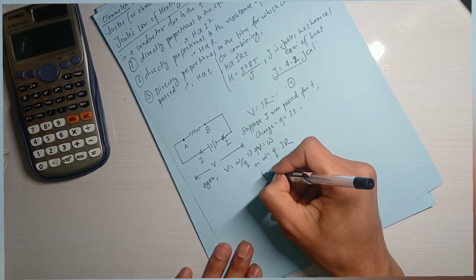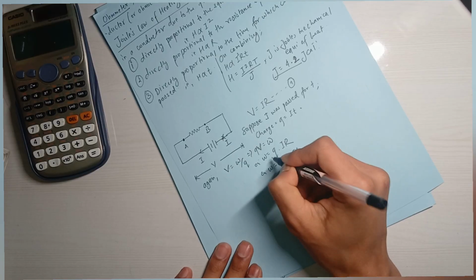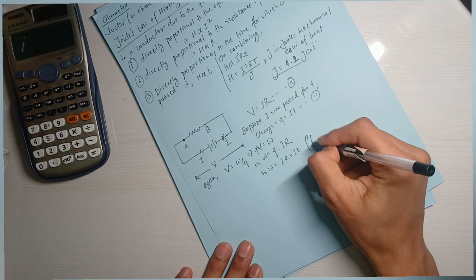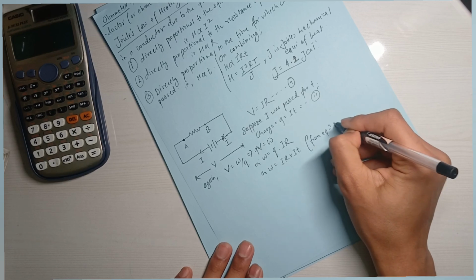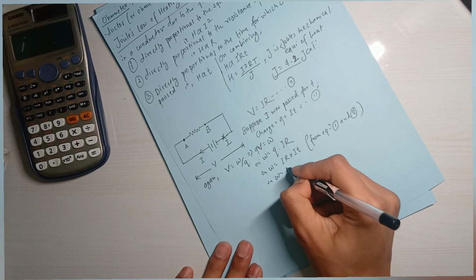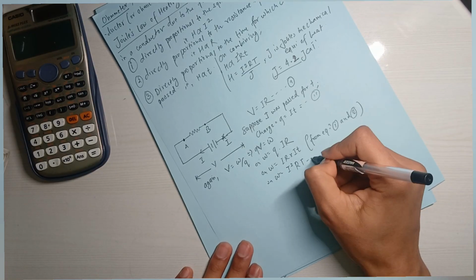Again, W equals IR into It, that is q, from equation 2. From equations 1 and 2, W equals I square Rt. This is equation 3.